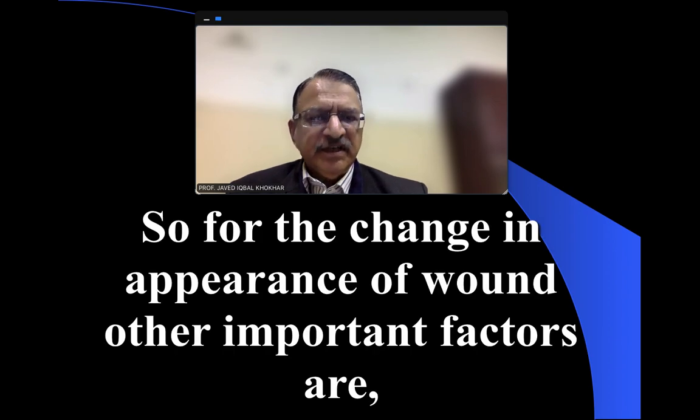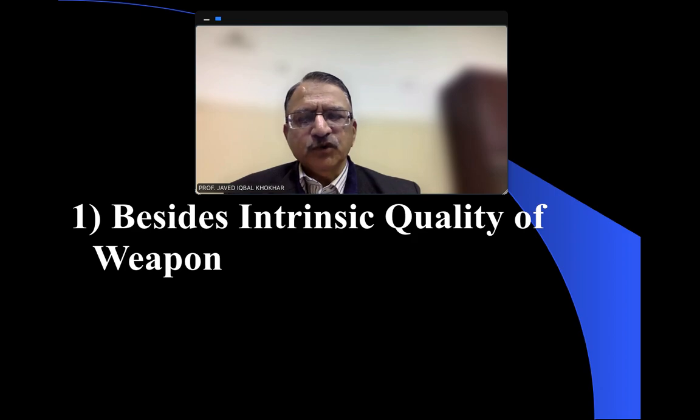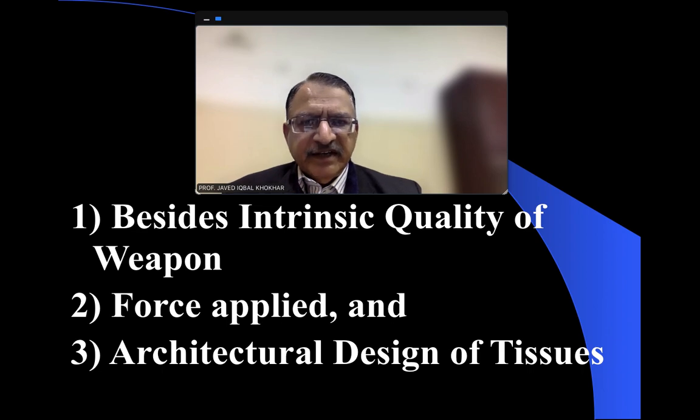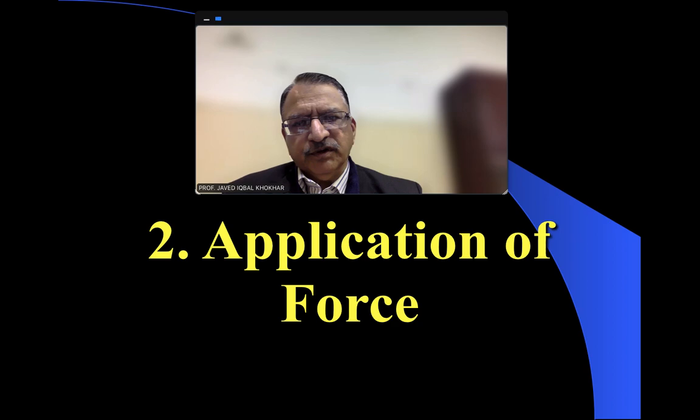They are basically the qualities, intrinsic qualities within the weapon, and other factors. So besides the intrinsic quality of the weapon, which we discussed in the previous lecture, the amount of force applied and the architectural design of the tissue change the appearance of the wound.